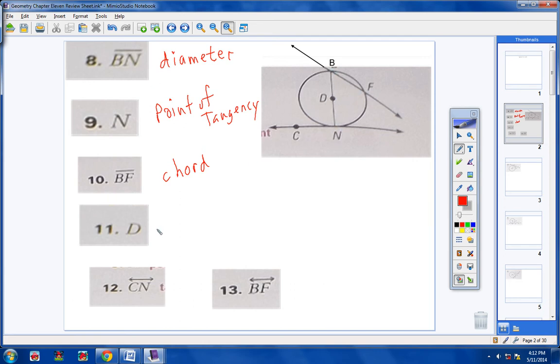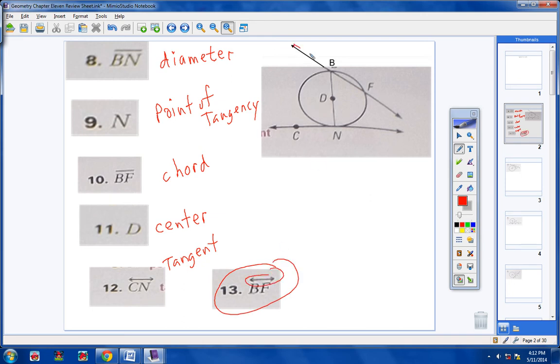Now, point D is what we call the center of the circle. And then line CN. Notice the symbol there, line CN. This line right here, CN, is a line that's intersecting the circle in one place, so we call that a tangent line, or just tangent. And then line BF, notice the symbol.